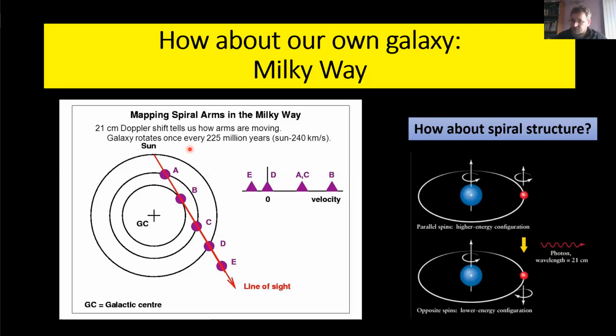Or since life jumped from sea to land, about 700 million years ago, 3 times, if we use this as a clock. So, to give you a feeling, our sun speeds through the galaxy with about 240 kilometers per second.